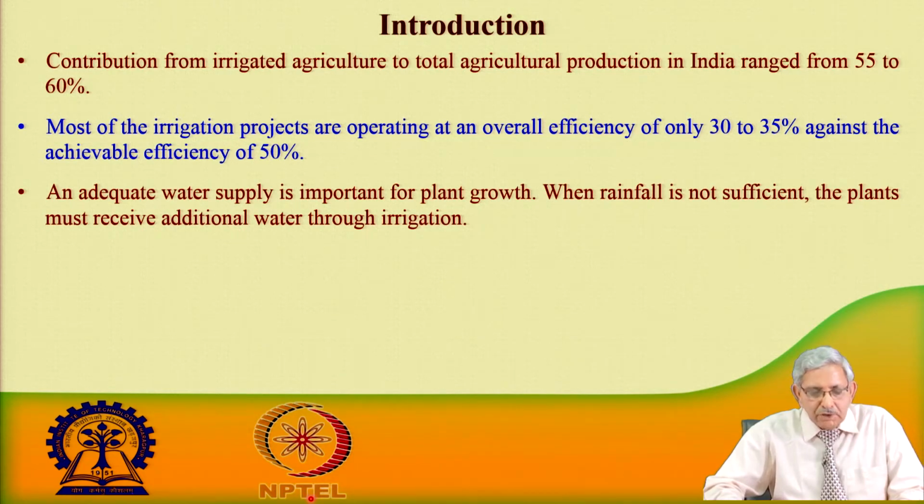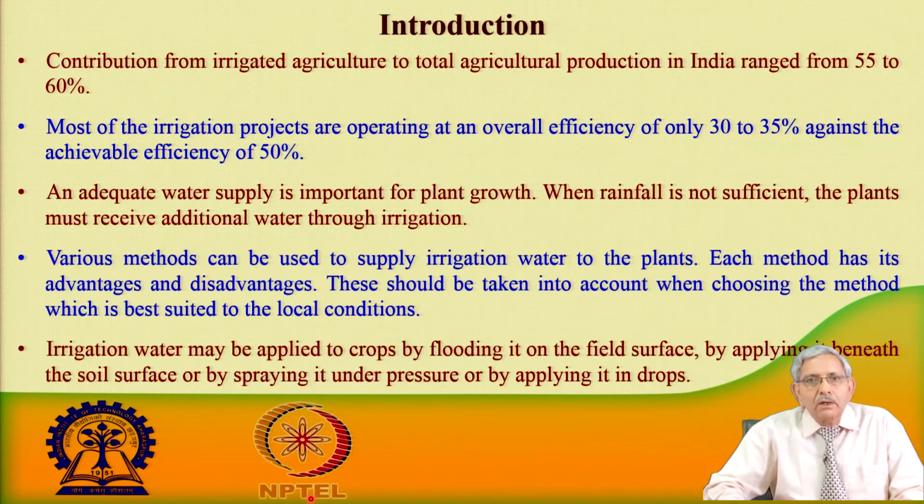We know adequate water supply is important for plant growth, and when rainfall is not sufficient, we need to give irrigation to meet its requirement. Now, there are different methods of application of irrigation water, and these methods have their own advantages and disadvantages.